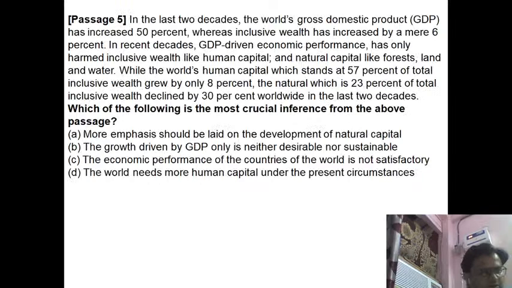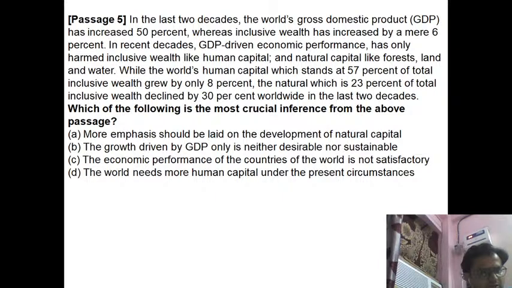Now come to the next one. Proceed to the last one here. In the last 2 decades, the gross domestic product (GDP) has increased 50%, whereas inclusive wealth has increased by a mere 6%.